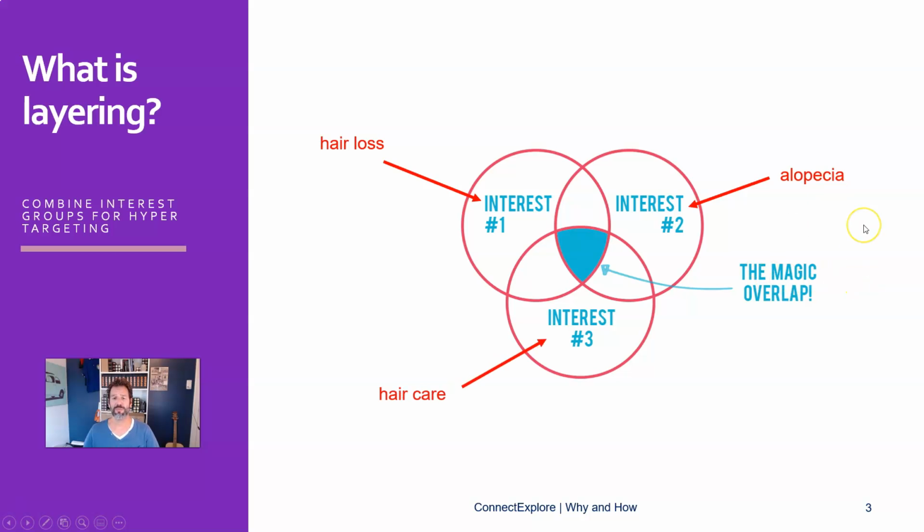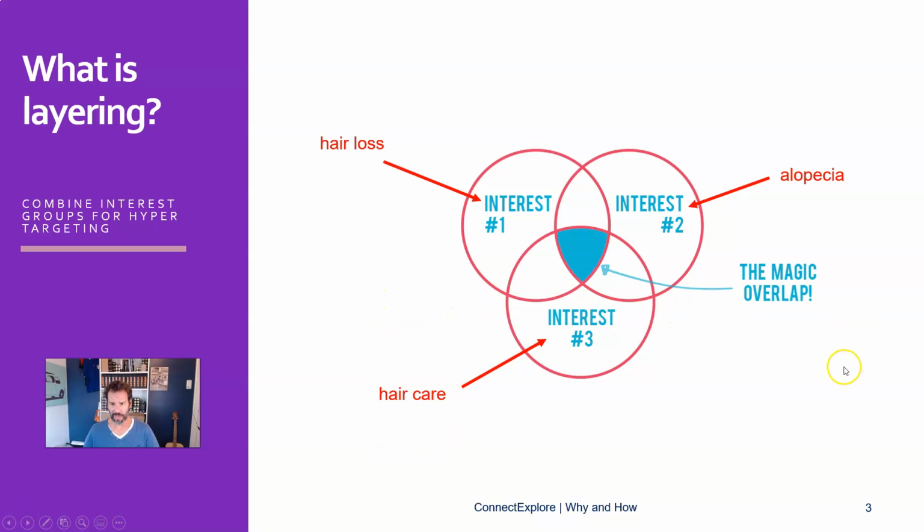And to make this even better, you could also come up with another interest that is hair care. So they're not only suffering from hair loss, they have the condition of alopecia, or at least they're interested in this topic, which would indicate that they have something to do with it. And they are looking for products online or offline, but anyway, they are looking for hair care products.